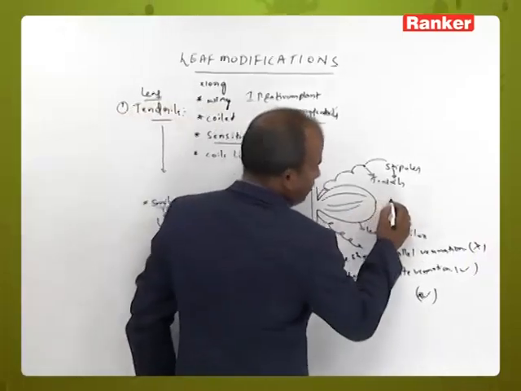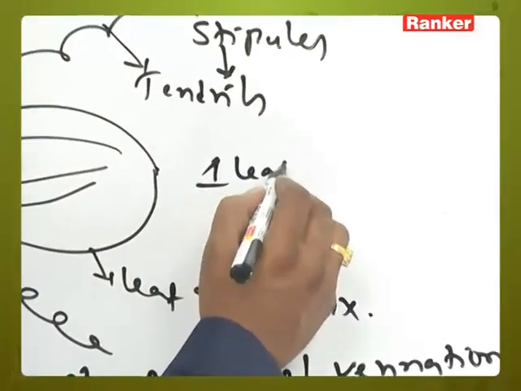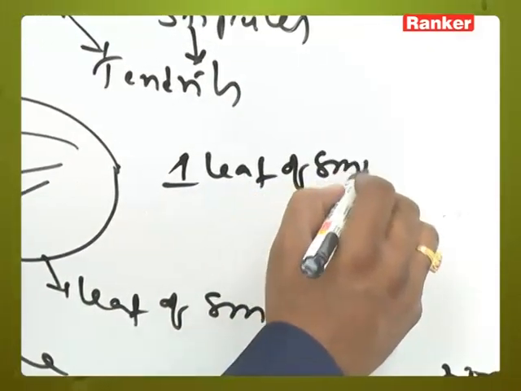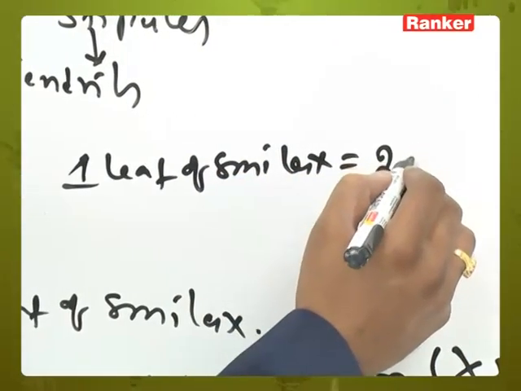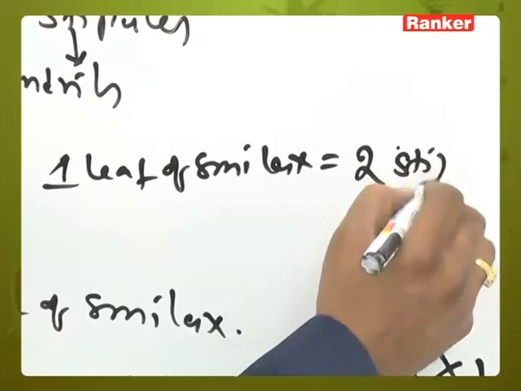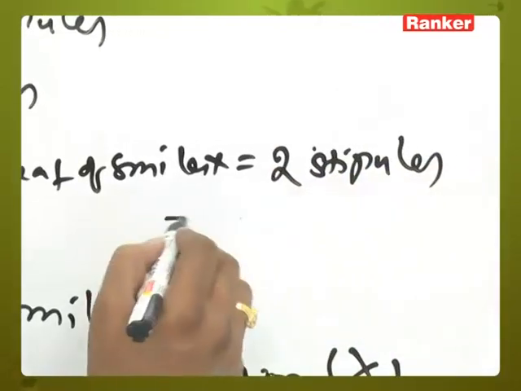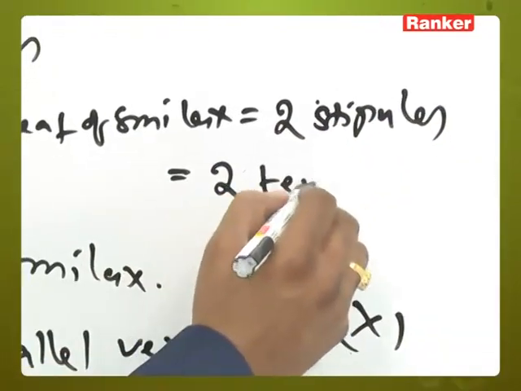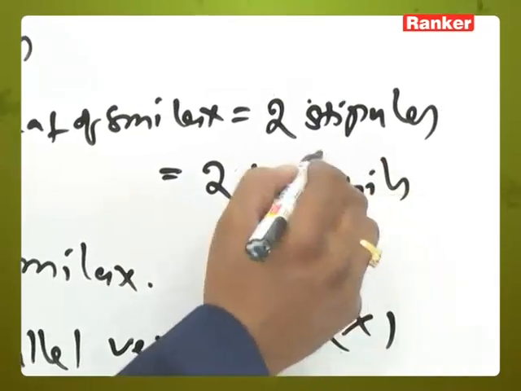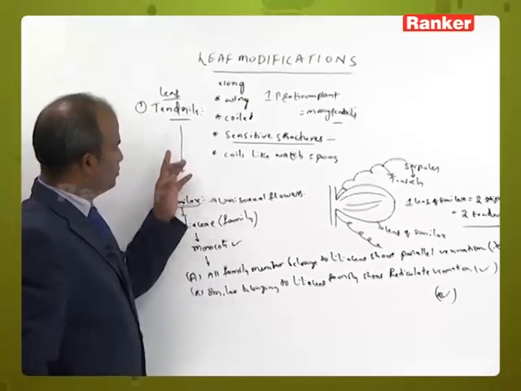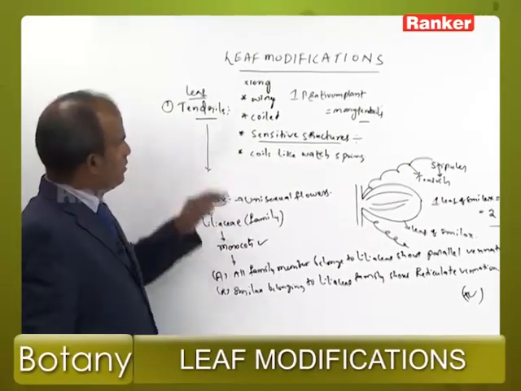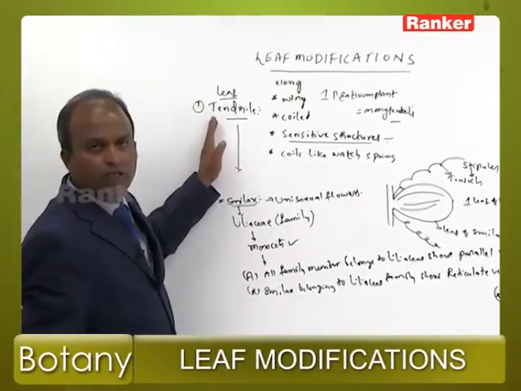One leaf of Smilax has 2 stipules, which are modified into 2 tendrils. That means we completed leaf tendrils.